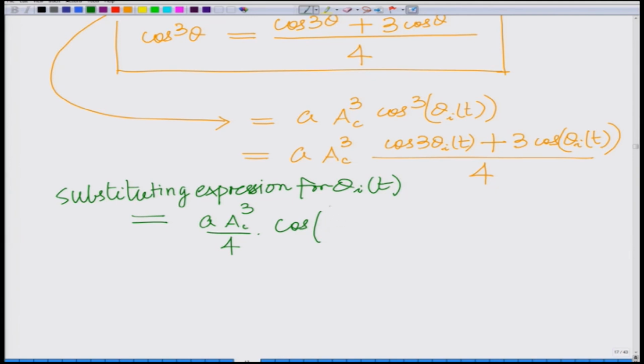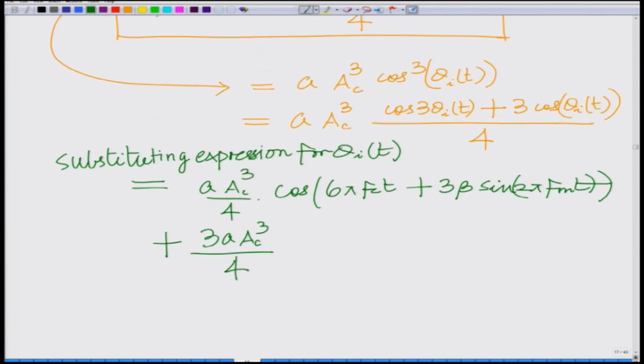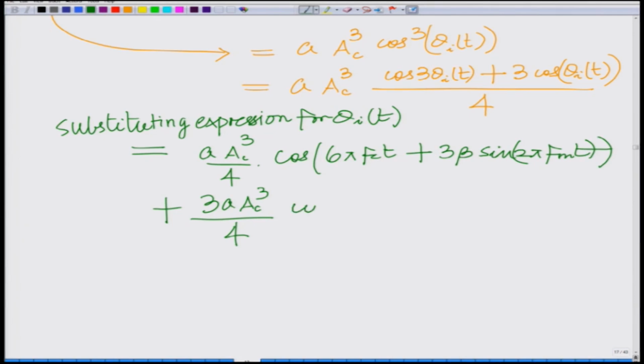So, that gives me cosine of 6 pi f_c t plus 3 beta sine 2 pi f_m t, plus 3 a A_c cube divided by 4 cosine theta_i(t), that is again cosine 2 pi f_c t plus beta sine 2 pi f_m t.